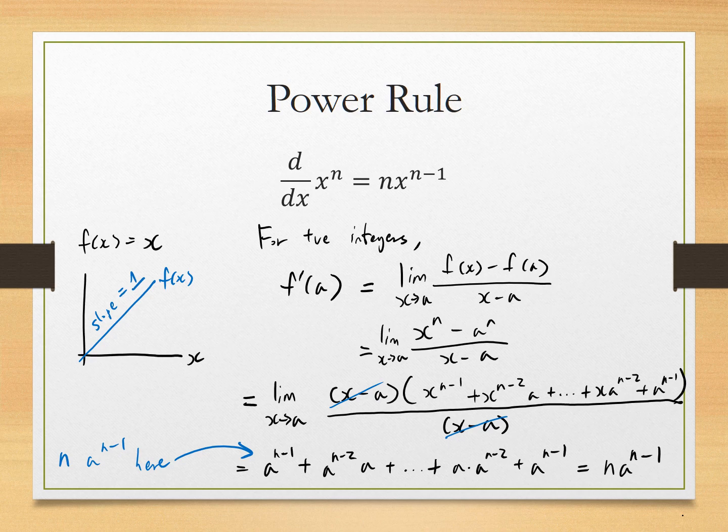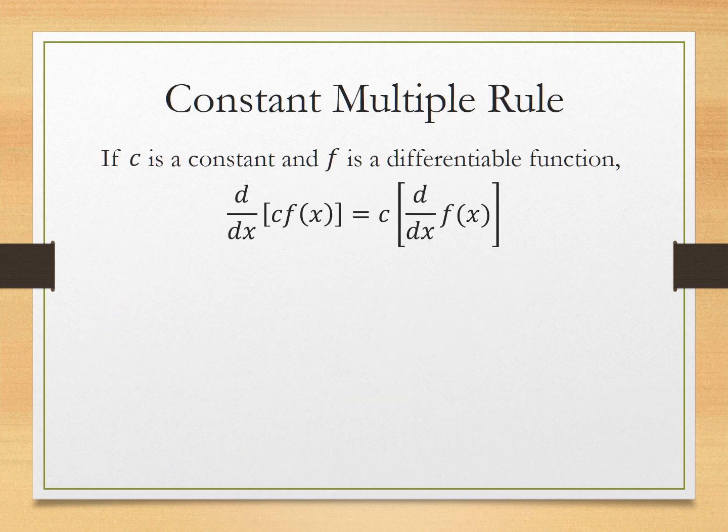So that's the power rule. Next, constant multiple rule. That says that if you scale up a function by a constant amount, then you can scale up the derivative accordingly. It makes a lot of sense if you think about it.